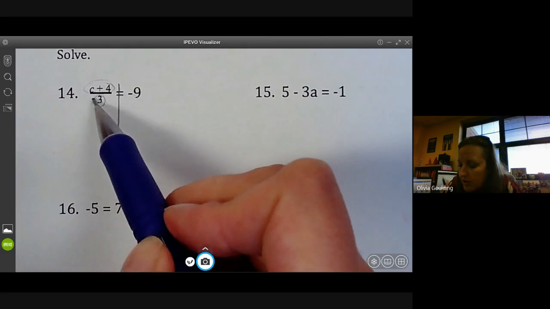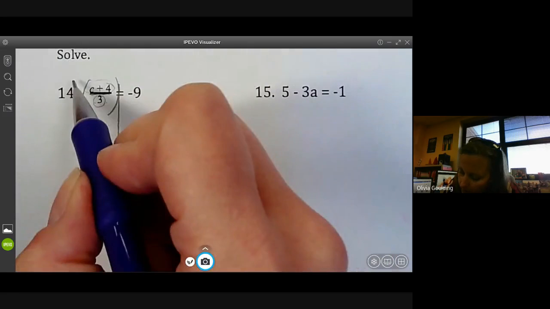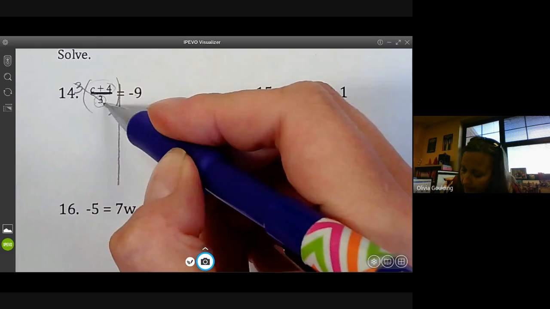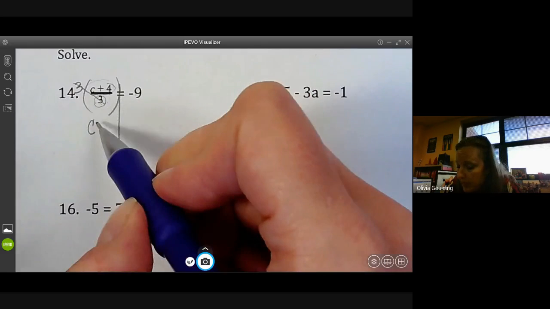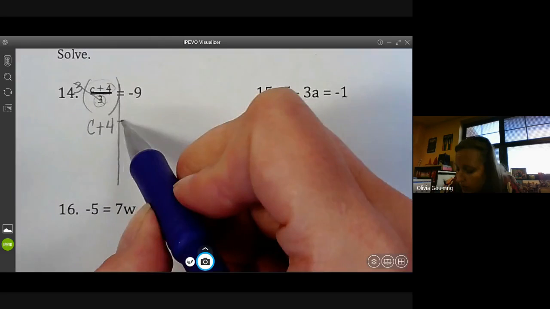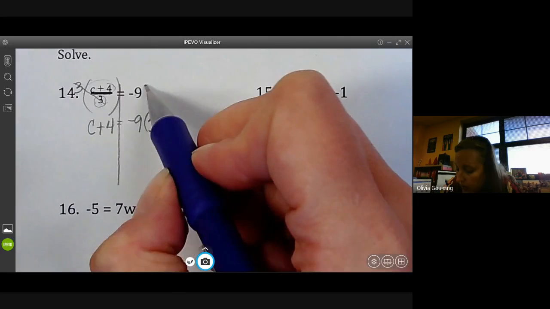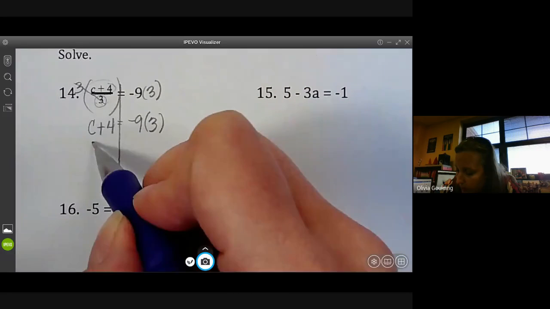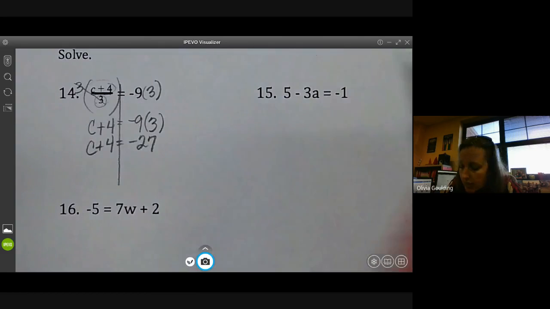But an easier way to think about it is just to think about this as division, and I undo division with multiplication. Okay? So 3 over 3 makes a 1. 1 times c plus 4, multiplicative identity property says c plus 4 times 1 is just c plus 4. And then I have negative 9 times 3. So what I do to one side, I must do to the other side, right? So c plus 4 is equal to negative 27.